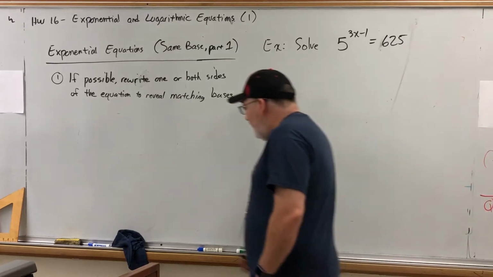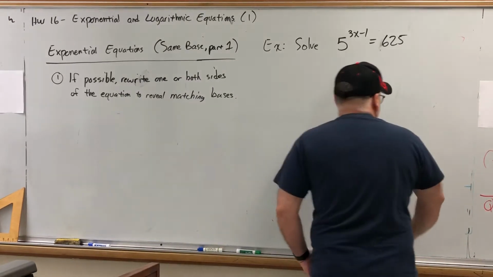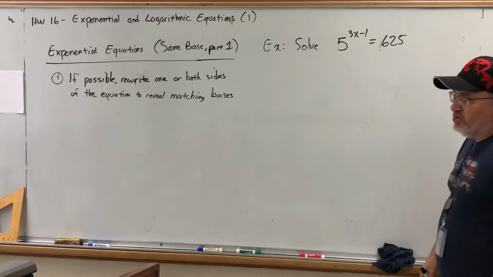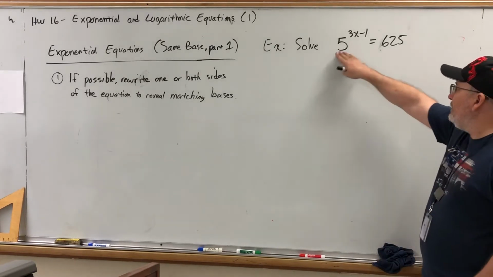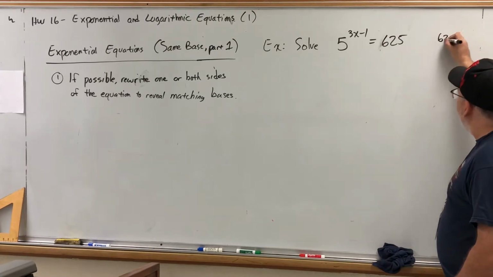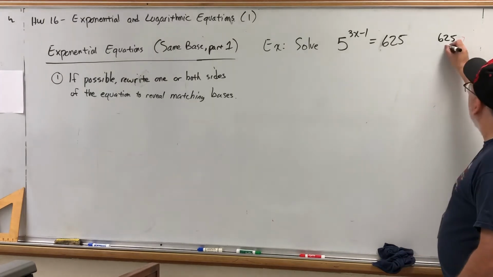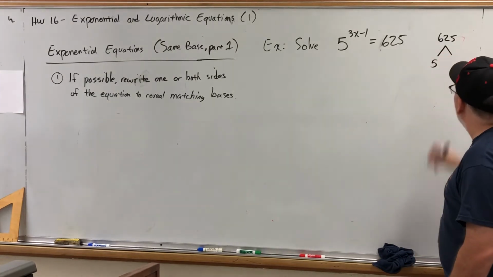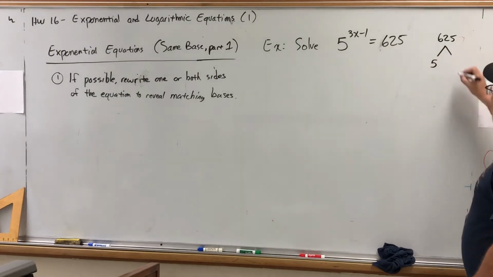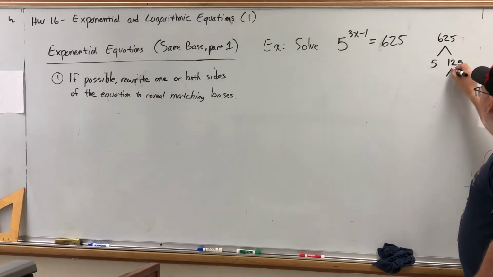Currently, this says 5 to the power on the left and 625 to the first power on the right. So these bases are not currently the same. This one's 5, this one's 625. But maybe we can take the 625 and break off some 5s, and maybe it's a power of 5. If I divide 625 by 5, I get 125. If I divide 125 by 5, I get 25.